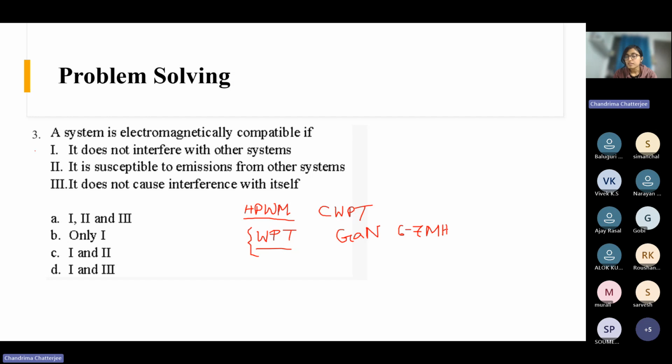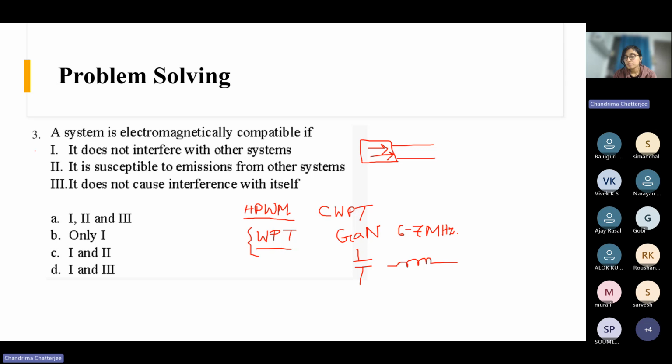Now you can understand that at this kind of frequency the parasitics play a very important role. There will be parasitic capacitances and parasitic inductances. So what is the basic schematic? There is one emitter that will emit some electromagnetic disturbances.